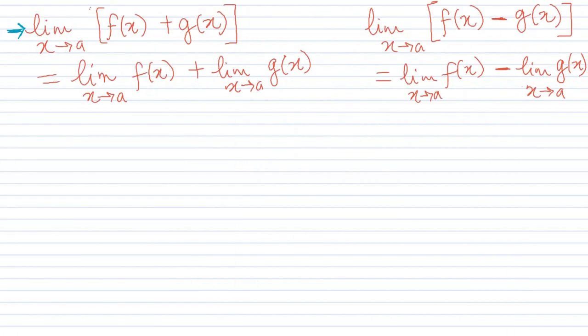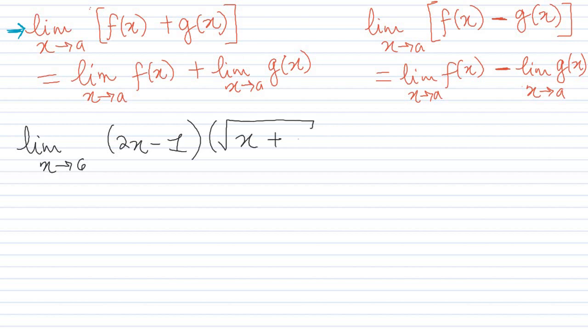I wanted to put this information and break it down because we're done now with more direct polynomial functions. Now we're going to move to more advanced questions. The next question that we're going to solve is the limit as x goes to 6 of 2x minus 1 multiplied by the square root of x plus 4.